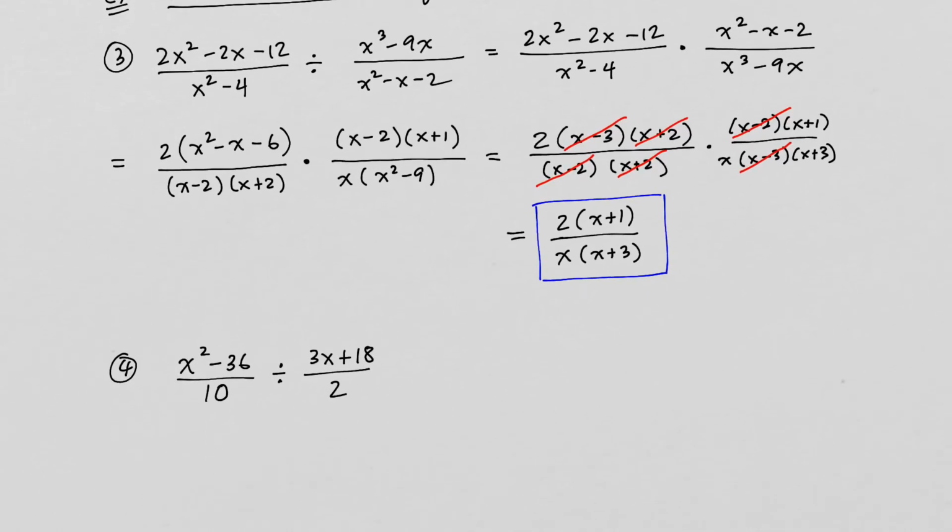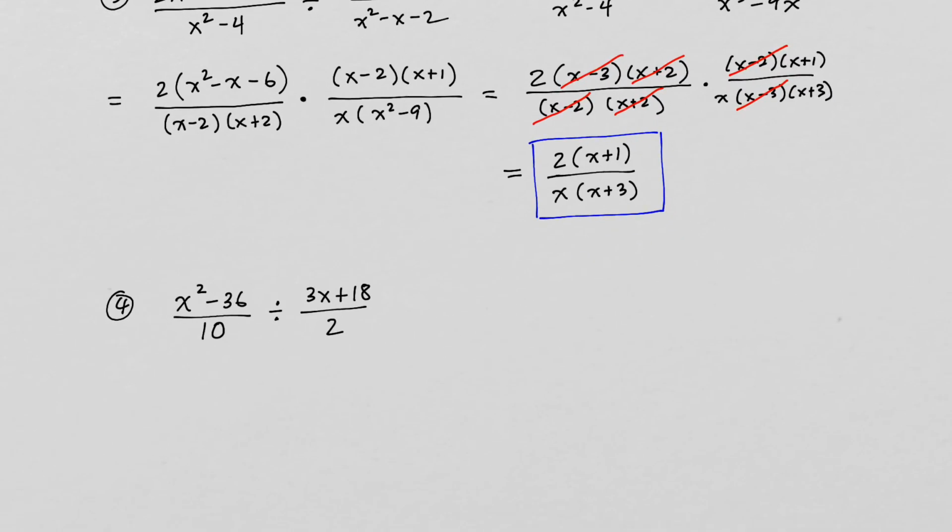Now for our last problem, it's also very similar to the one that we just did. We have division, so the first thing we need to do is change that division to multiplication. So we have x squared minus 36 over 10 multiplied by 2 over 3x plus 18.